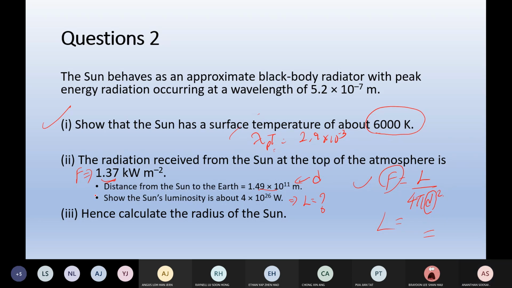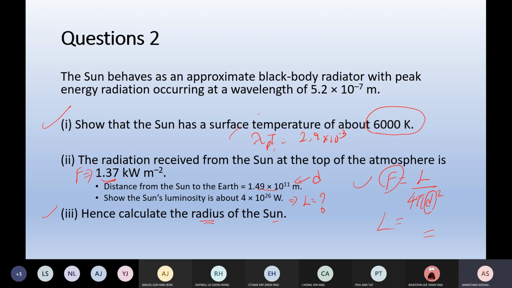Okay, so the third one: hence calculate the radius of the sun. So how do you find the radius of the sun? What formula comes to your mind? This is Stefan's law, right? Stefan-Boltzmann law. What formula did Stefan propose?